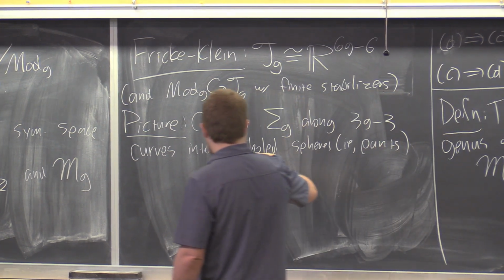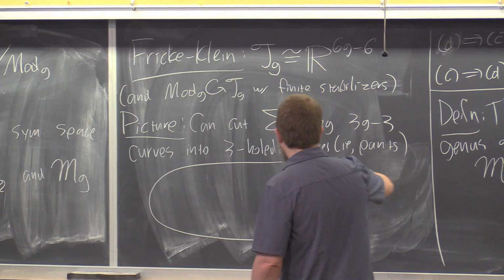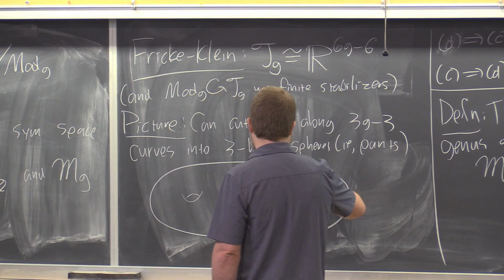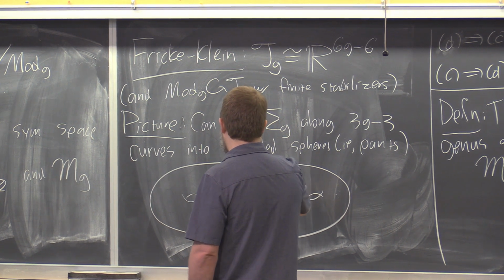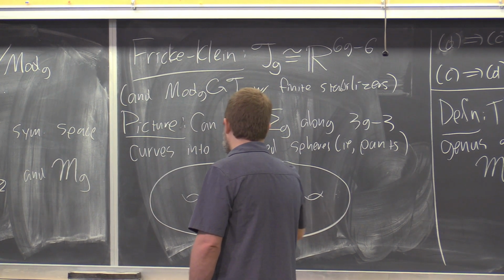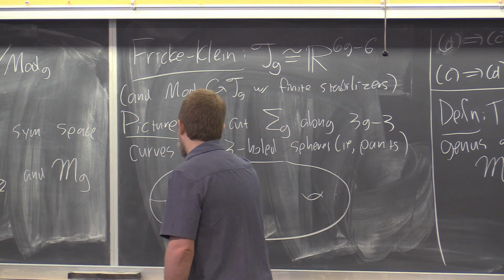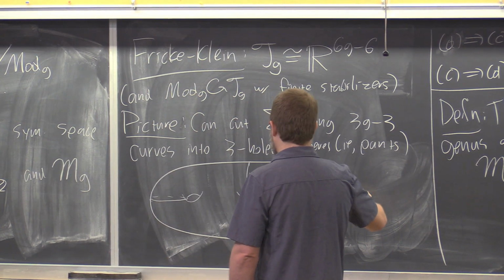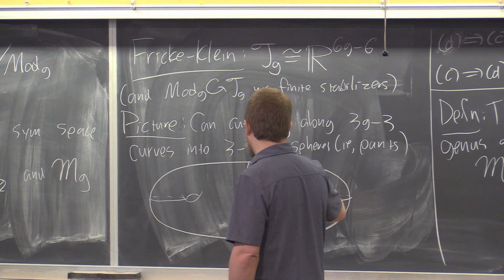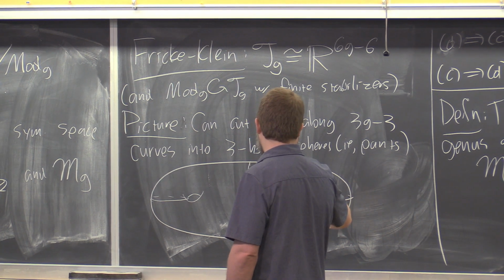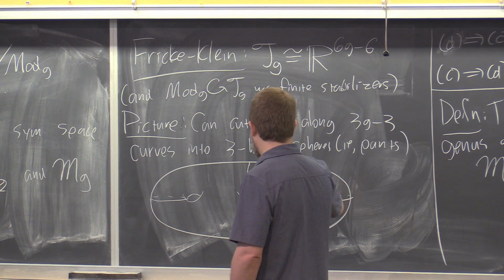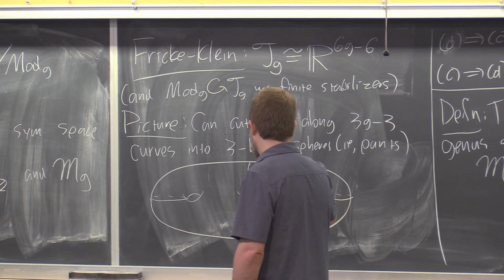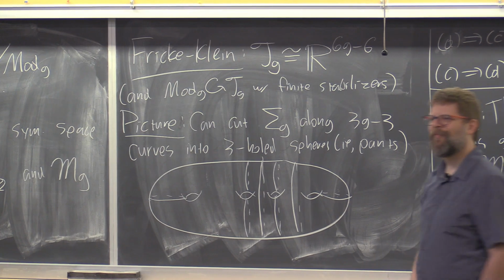So how does that work? There's more than one way. Do it in, say, genus 3. We could do something like this. Let's add another genus here just to make our lives more interesting. Something like that.